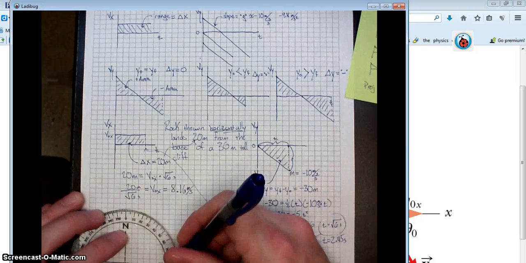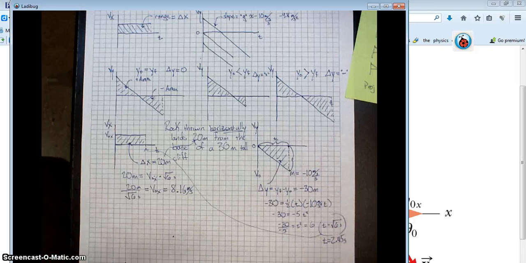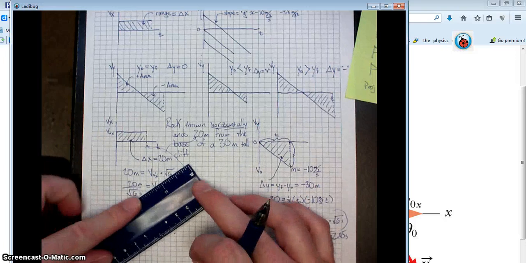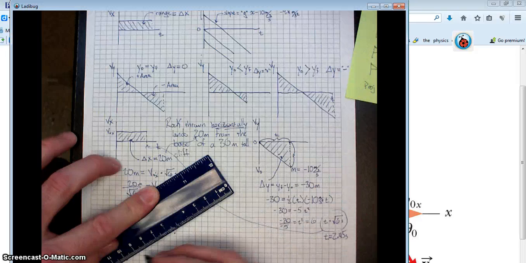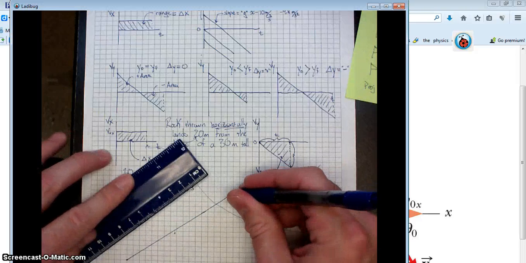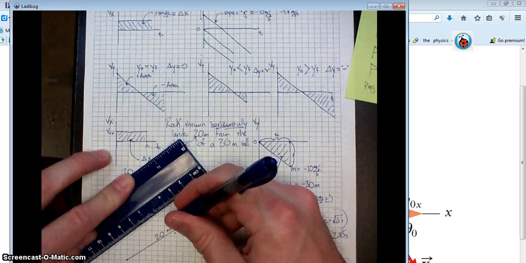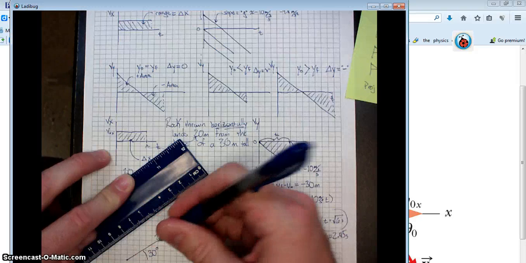So I'm going to go find the horizontal, 10, 20, 30 degrees above the horizontal, and let's make it, for kicks, call that 20 meters per second, 30 degrees above the horizontal.